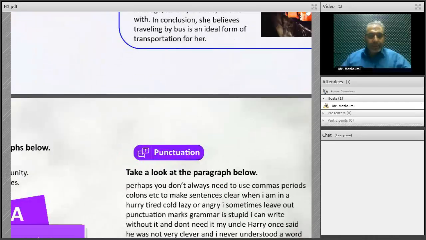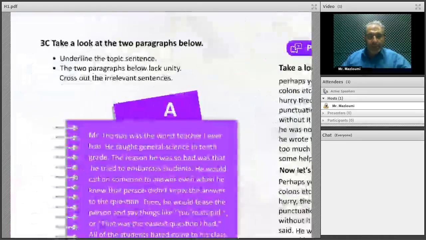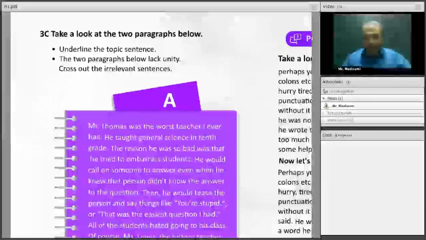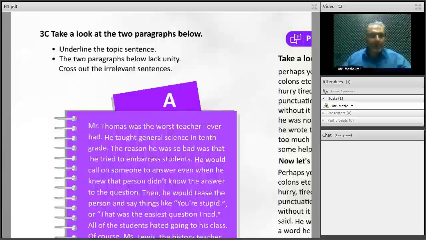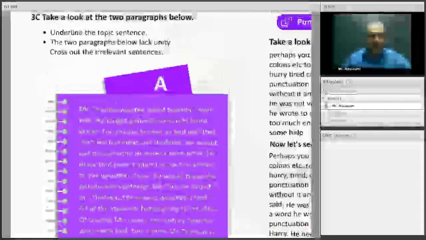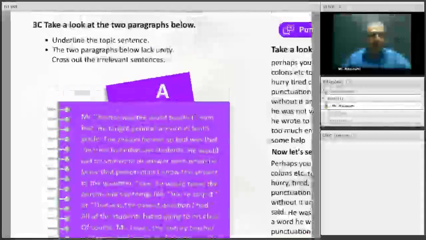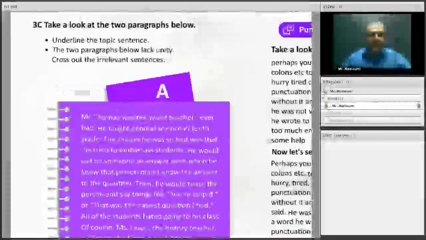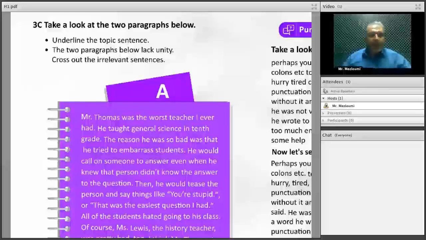All right, let's move on. Welcome to page 11, everyone. Page 11, Exercise 3.C. Take a look at the two paragraphs below, paragraphs A and B. So, what are we supposed to do here?